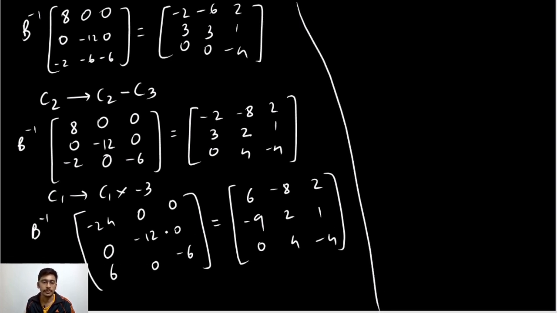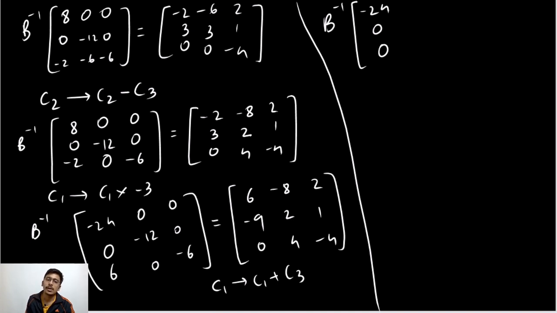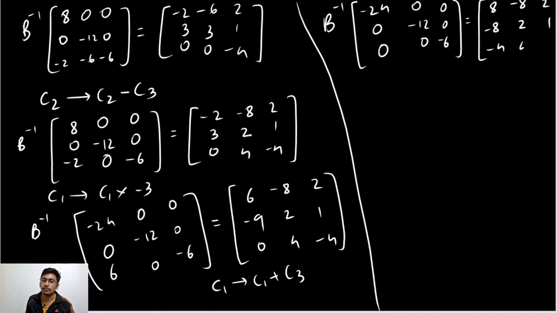Okay, let's say this is what we got, and then simply we should do C1 becomes C1 plus C3. So simply what we get over here is P inverse into, we'll get minus 24 0 0, 0 minus 12 0, 0 0 minus 6, and on the RHS what we'll have is plus C3, 6 plus 2 is 8, minus 8 2 minus 8, 2 1 minus 4 4 minus 4.